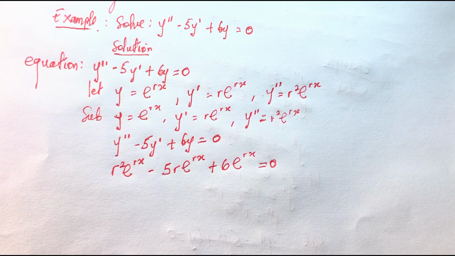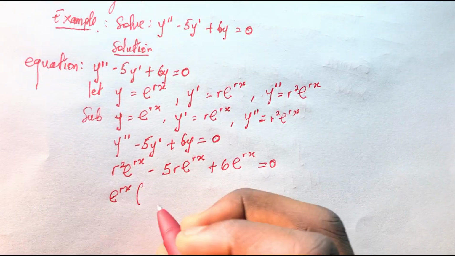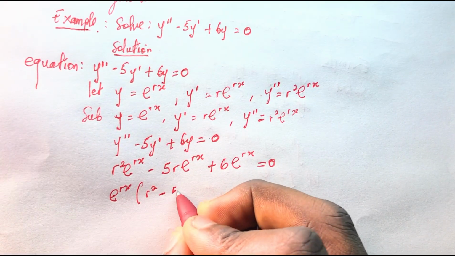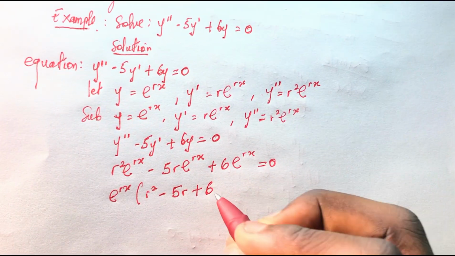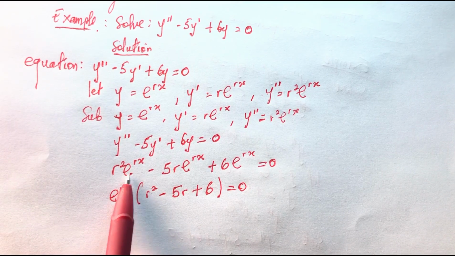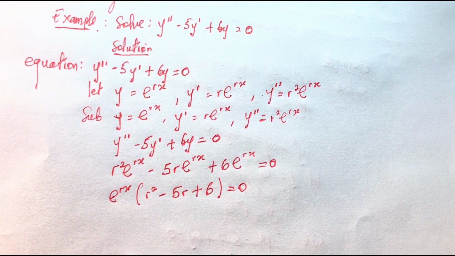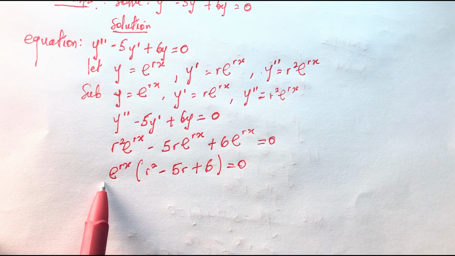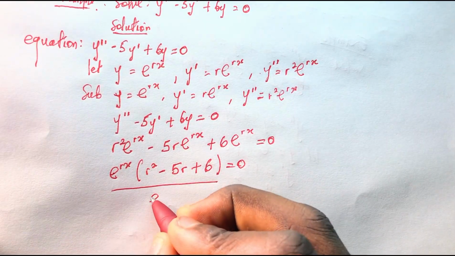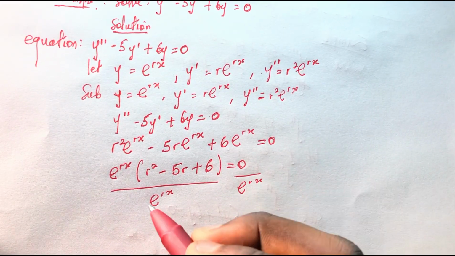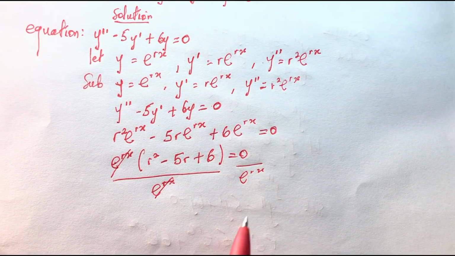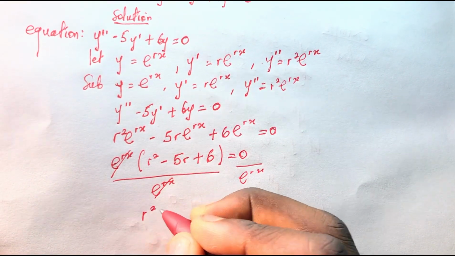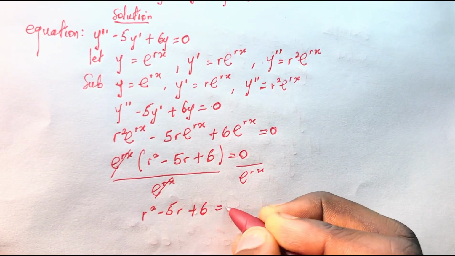Look closely: exponential rx is common among all terms. So we factor out exponential rx, leaving r squared negative 5r positive 6 equals 0. Then we divide both sides by exponential rx, which cancels, and 0 divided by exponential rx is 0. So we have r squared negative 5r plus 6 equals 0.